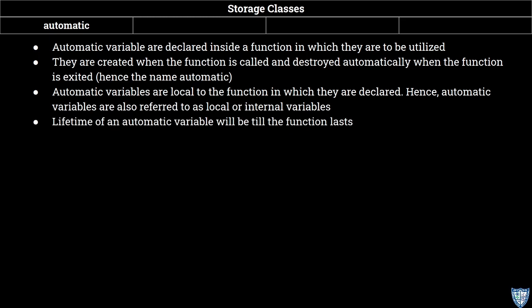And the next point is the lifetime of an automatic variable will be till the function lasts. That also we have seen in the previous example. When the value inside a is incremented by 1, it is lost when it exits the function. The next time when it reaches the function again, the value will not be there. So the lifetime will be only till the function lasts.